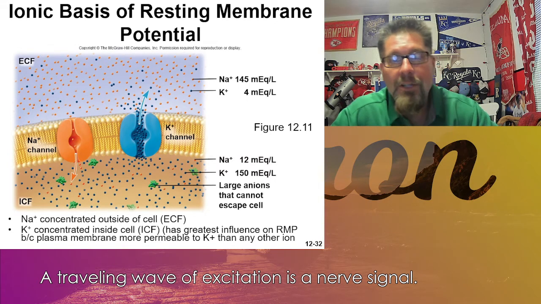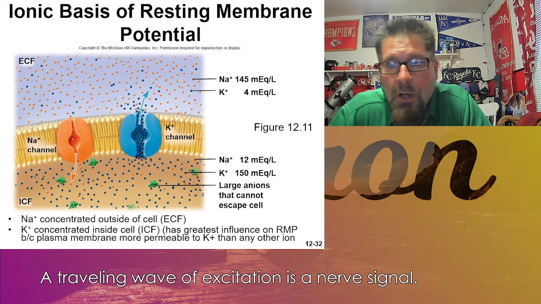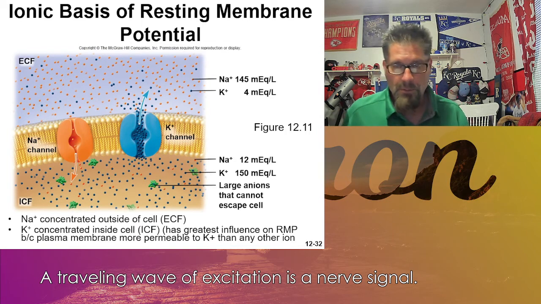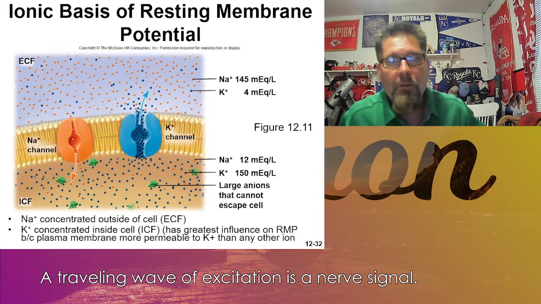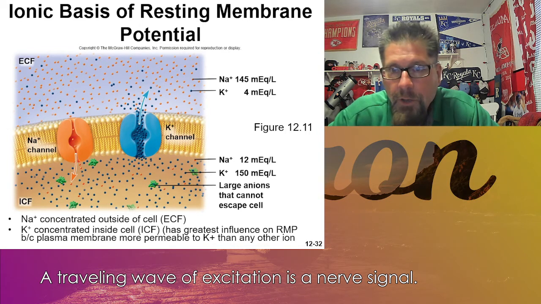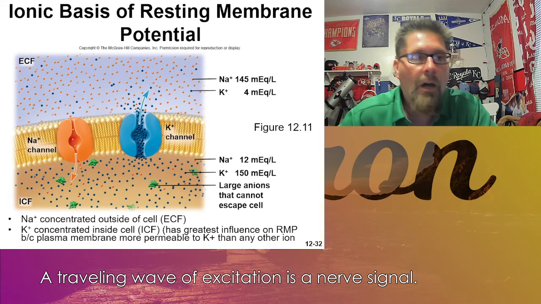Now, what makes it negative in the first place are those little green anions. They are negatively charged, so they are large molecules. They just sit in there. They can't get out, and they make it negative, that -70 number.